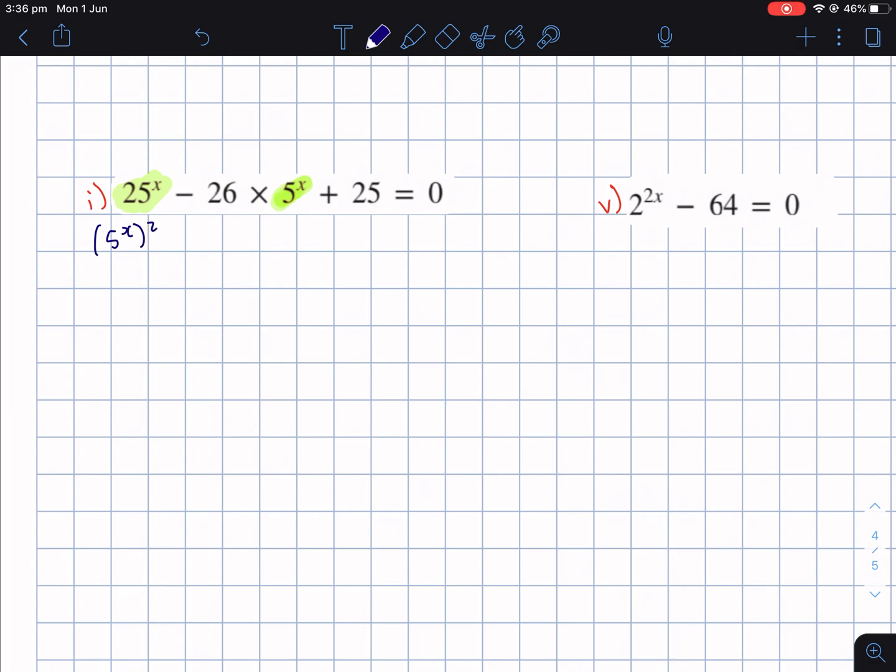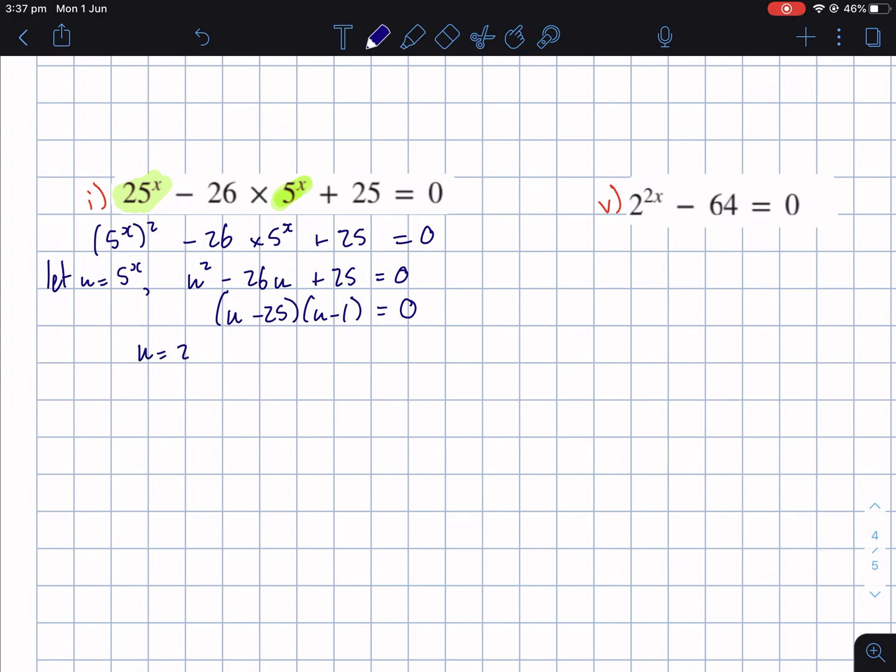I've skipped a few steps, but you've seen them in action, you know how to do them. Take 26 times 5 to the x plus 25 equals 0. So let u equal 5 to the x. We've got u squared, take 26u plus 25 equals 0. So we've got u take 25, u take 1 equals 0.